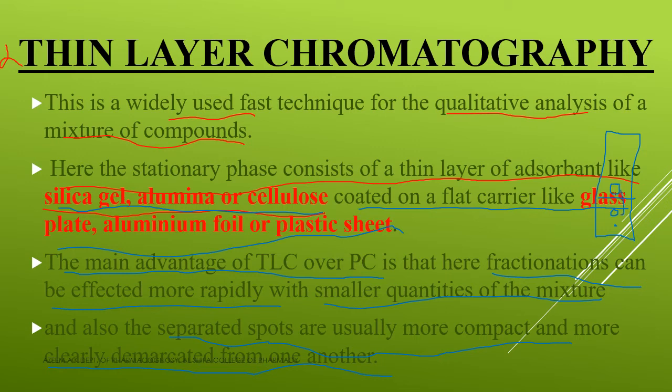But in paper chromatography, they can overlap, one may come here and another right next to it. But in thin layer chromatography the demarcation can be done correctly. Clear? So that is a major advantage of thin layer chromatography. The separated spots are usually more compact and can be more clearly demarcated from one another. This is yet another advantage of thin layer chromatography.